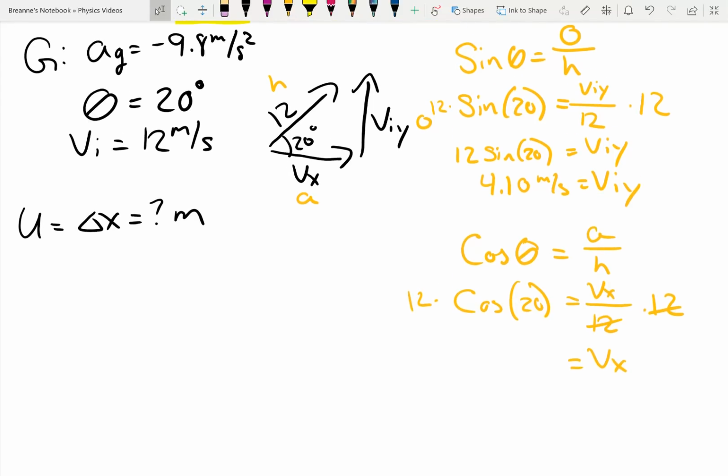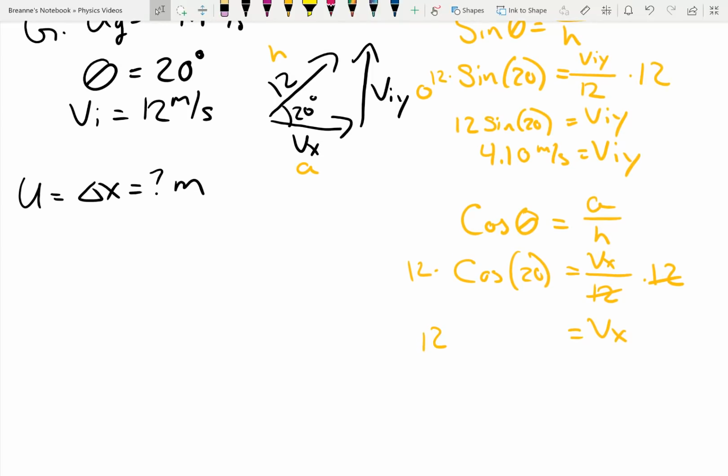And so you get your Vx is 12 times cosine of 20. Since you've already checked for the sine, you don't have to check again. But if you want to, I highly encourage you to. And so you get your velocity in the x to be 11.28 if you round, meters per second.